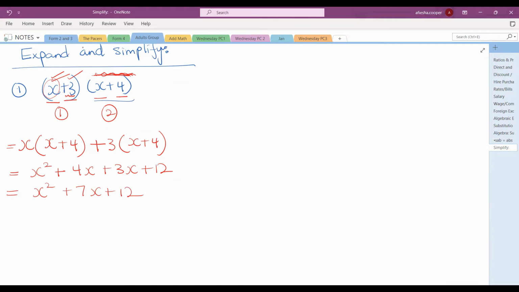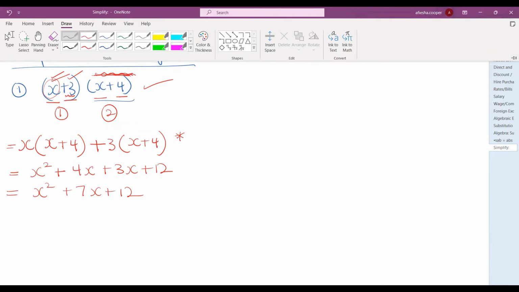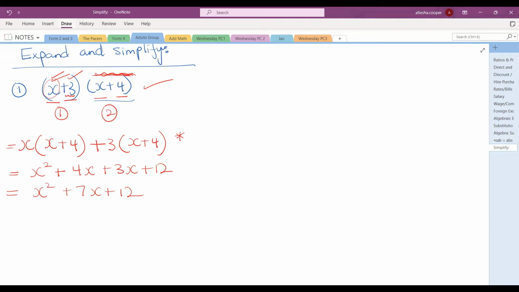So if we realize it's the same thing we were doing, we just have an extra step to put in, which is this one here. So let's look at another example, right? Example 2. If we say we're doing x plus 2 by x minus 7.